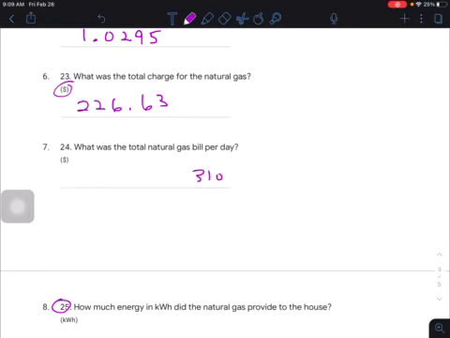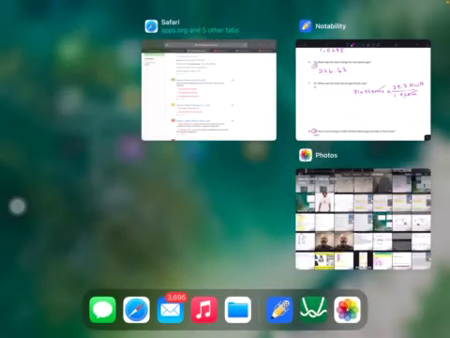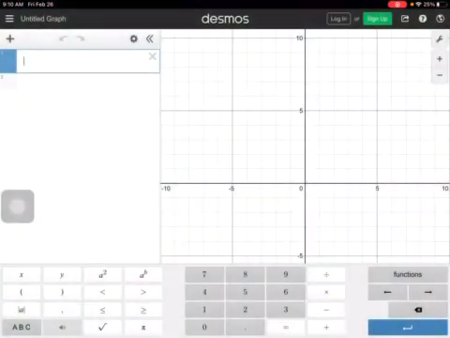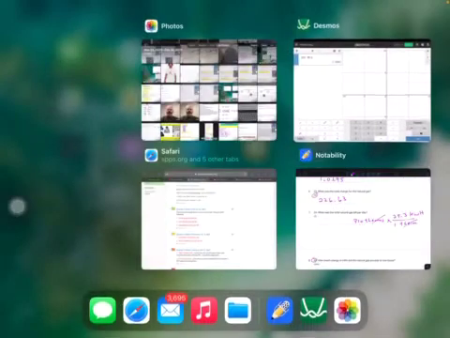310 therms. Our conversion is for every 1 therm, there's 29.3 kilowatt hours. Therms cancel out, and we get 310 times 29.3. 310 times 29.3 gives us 9,083.